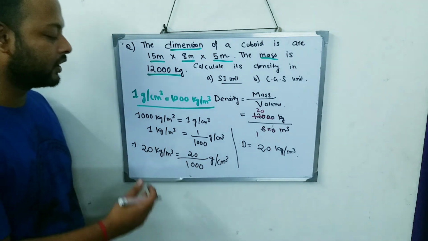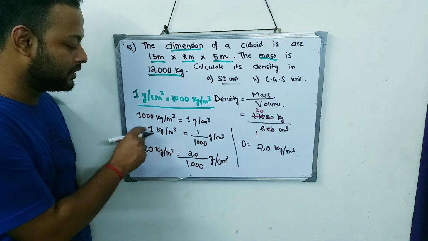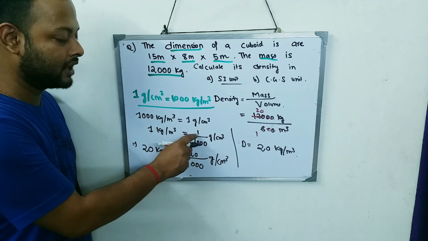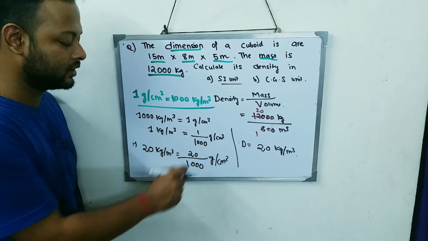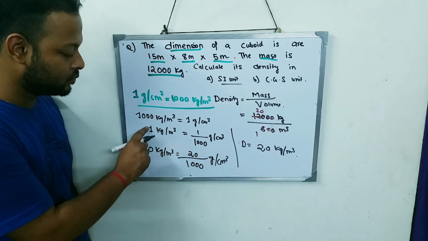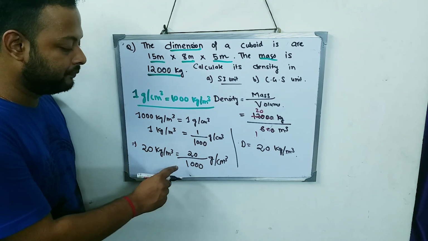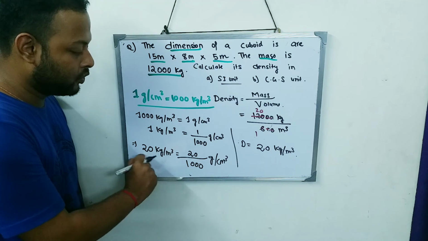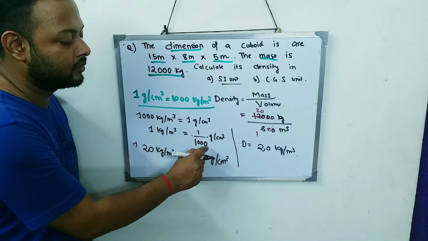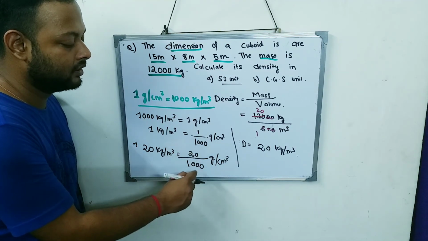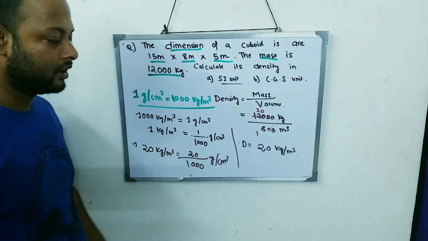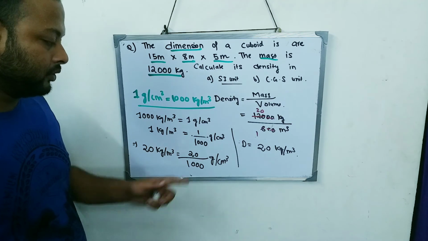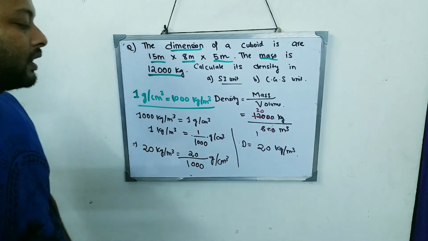This is simple, okay? When the number decreases, we divide. As you can see, I have divided 1 by 1000, and as the number increases from 1 to 20, I multiply. 20 got multiplied by 1 into 1000. So it becomes 20 by 1000. Okay, so you get the answer as 20 by 1000 gram per centimeter cube.